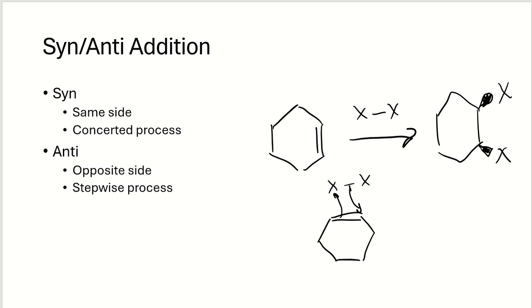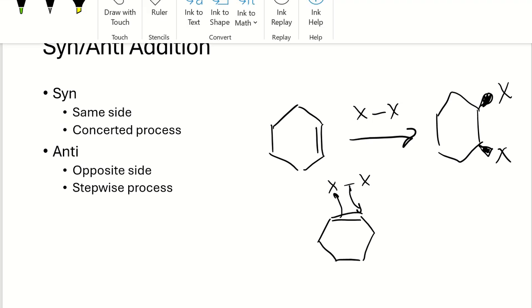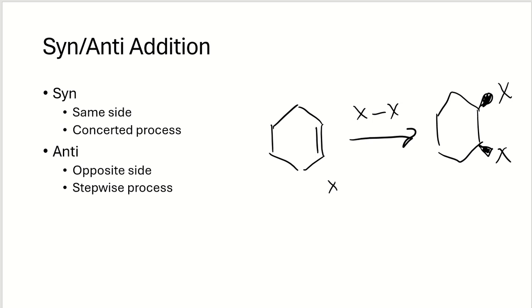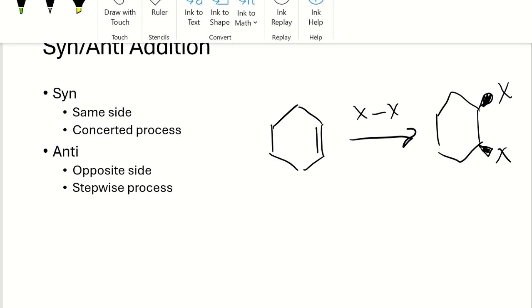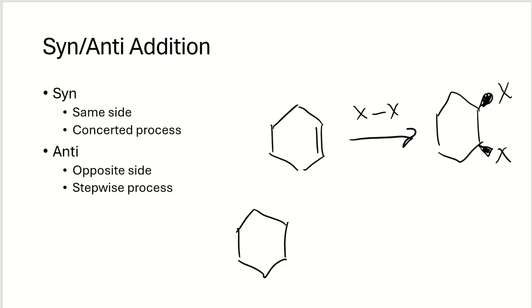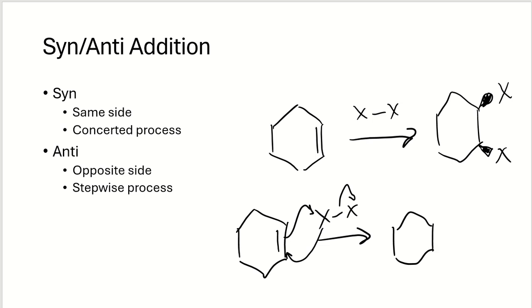Now, if I do a stepwise process, for example, I form a ring. I would add that ring as either a dash or a wedge. I don't know which one it would be. It could actually be both.